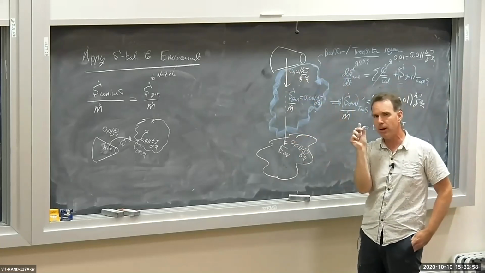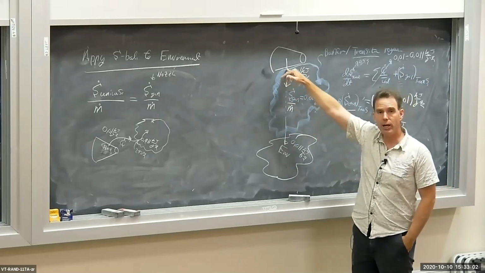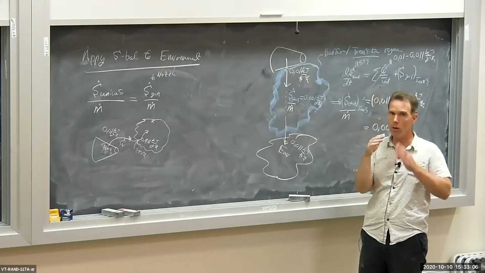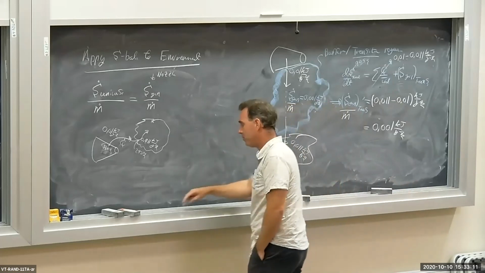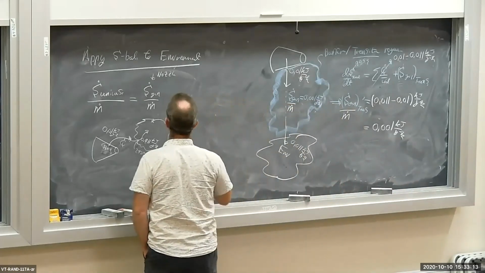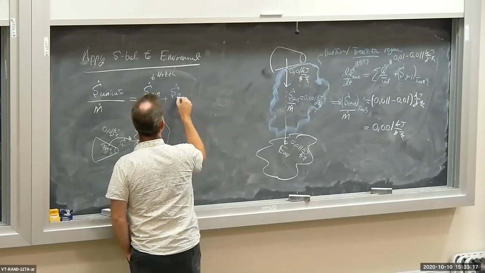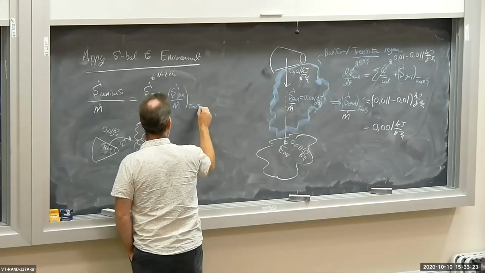There's a thin buffer region over which temperature falls from 320 to 293. That's where the entropy is being generated. So now I've got this plus S dot gen over m dot for the transition.